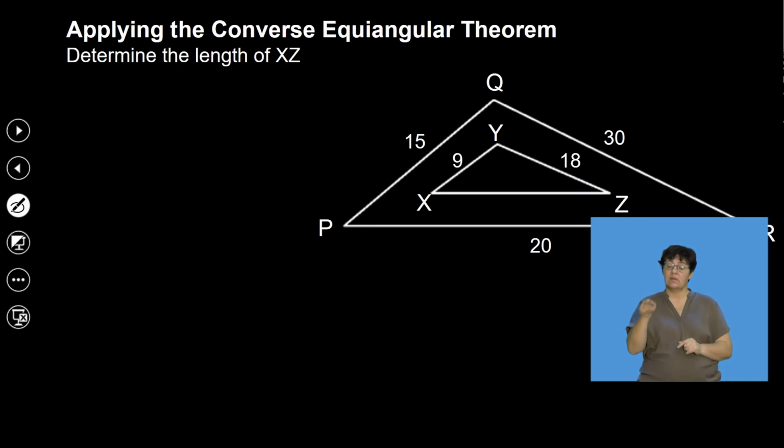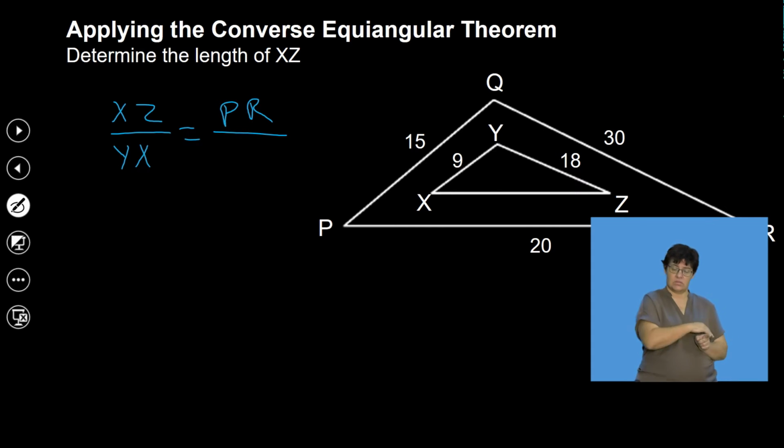Since they're similar, it means the ratio of XZ over my YX must be the same as, remember it's the one at the bottom there, it must be PR. So PR over, I also chose the 15, which was PQ, right? So that is PQ. And then you can find XZ using that.